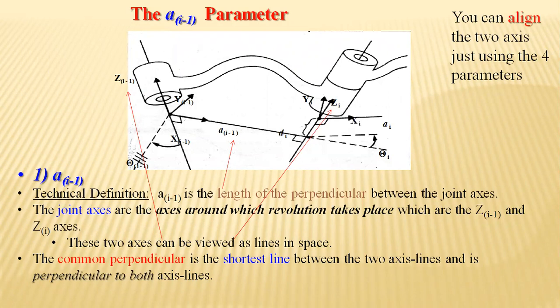So we will have the Zi minus 1 and Zi axes. These are the two axes viewed as lines in space, line 1 and 2, which will have a common perpendicular.